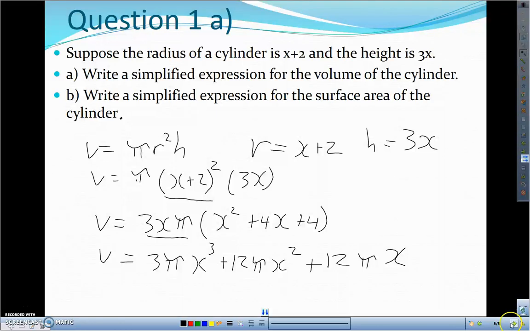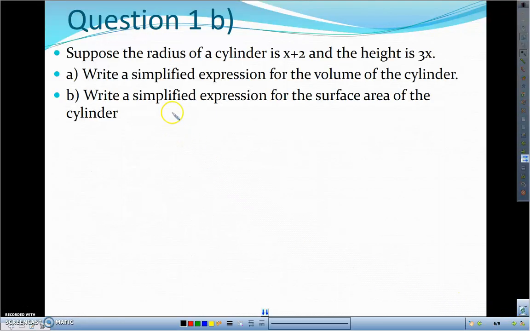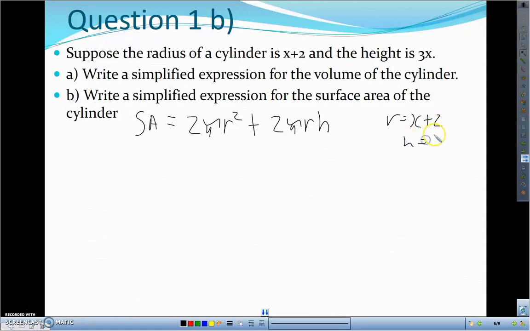Moving on to the next part of this question, it says, write a simplified expression for the surface area of the cylinder. Well, surface area, coming from that formula sheet, would be 2 pi r squared plus, in this case, 2 pi r times h. And again, we already know that r is equal to x plus 2 and h is equal to 3x.